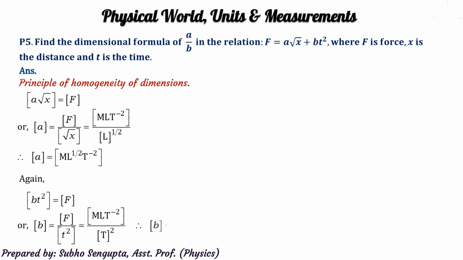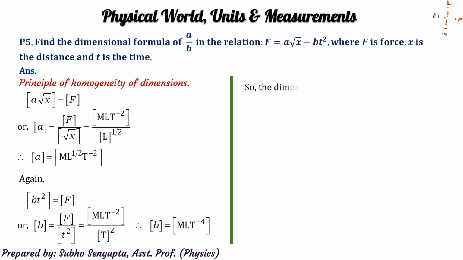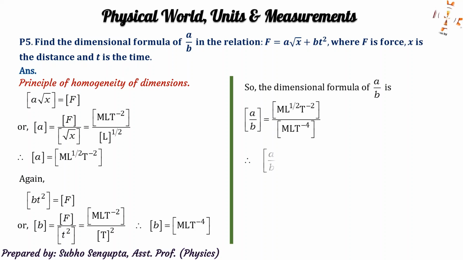After substituting the dimensional formula of force and time and simplifying, we get the dimensional formula of b: [M L T^-4]. Hence, the dimensional formula of small a divided by small b is [M^0 L^-1/2 T^2].